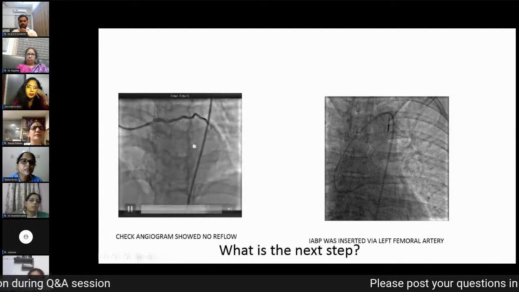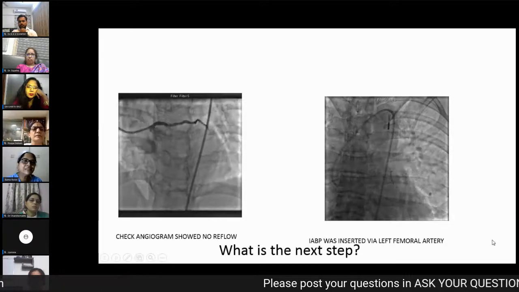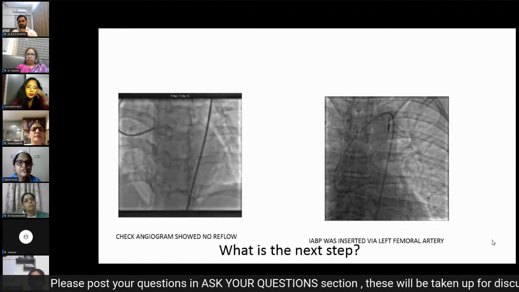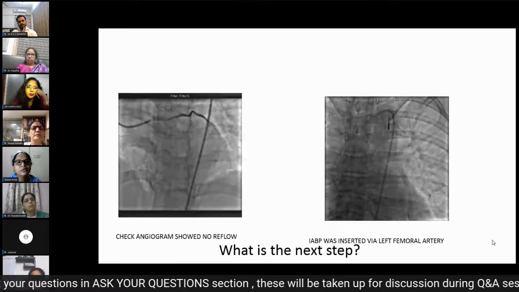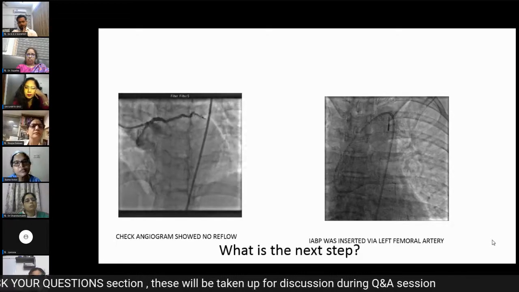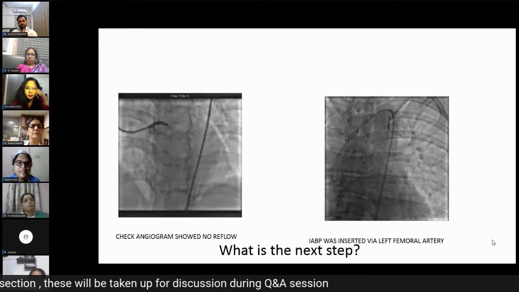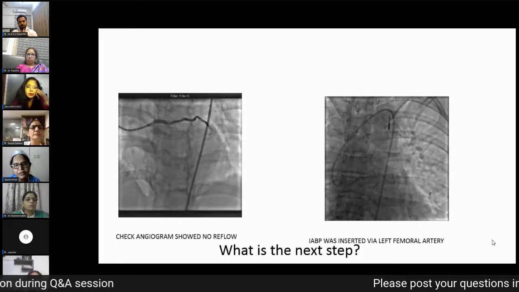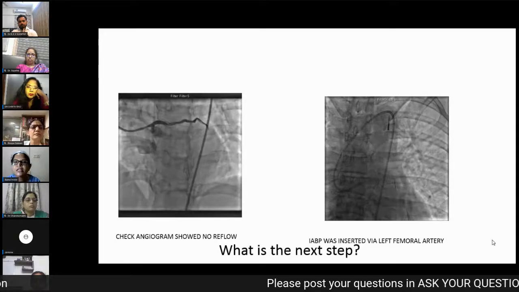Once we put in the stent, this was the result. The circumflex flow has come back, but in the LAD there was no flow at all. The thinking was, if it's a dissection and we put a stent, at least some flow should have come into the LAD. If it didn't come, then obviously it's no reflow.